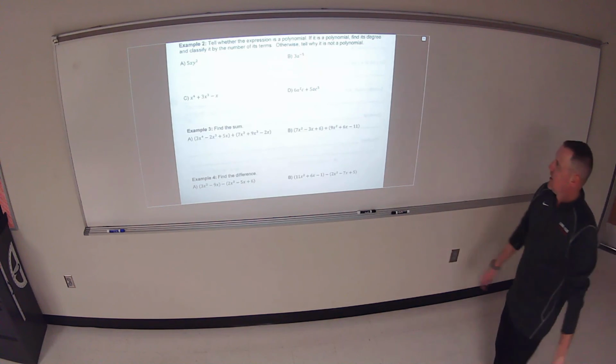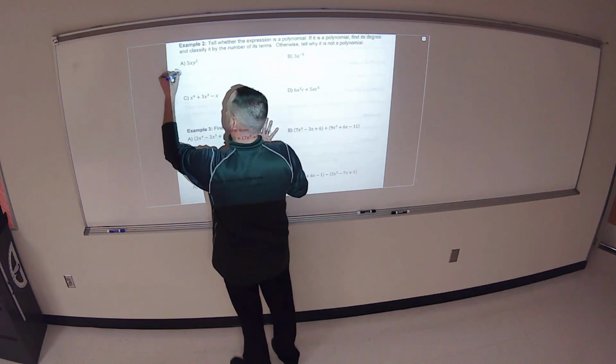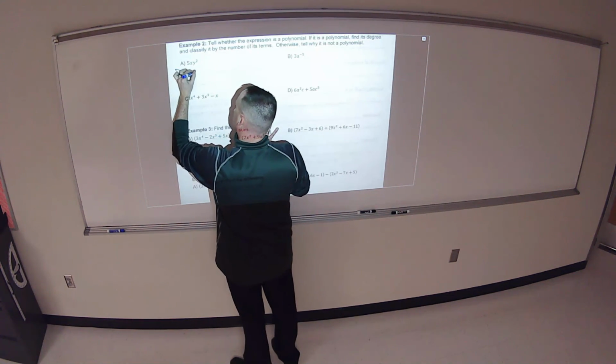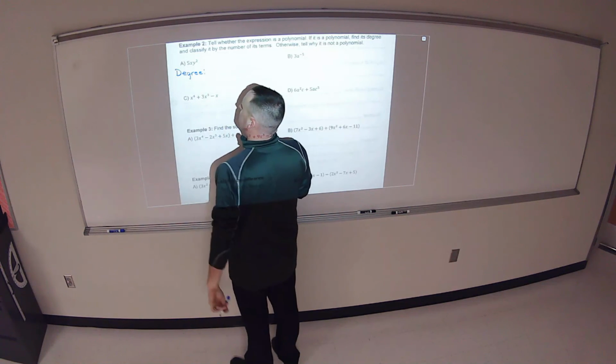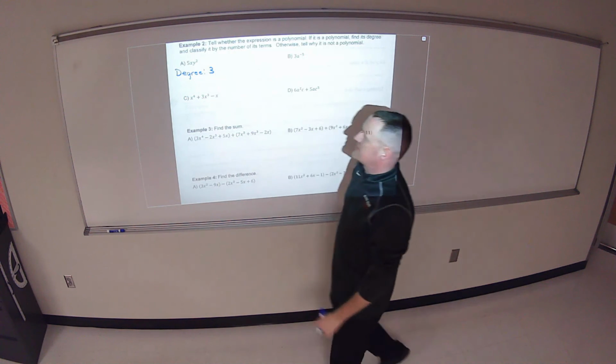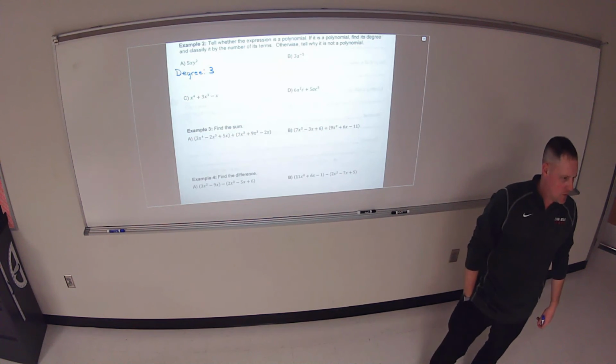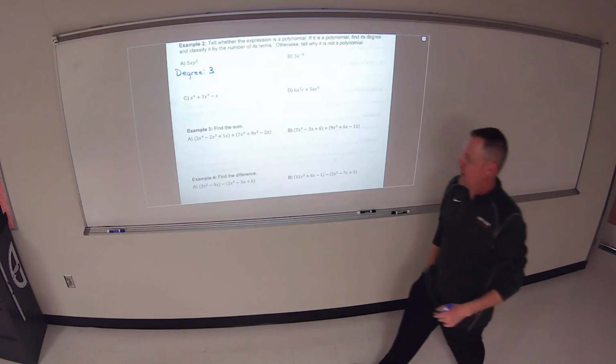Is this a polynomial? Yes. Alright, if it is, we have to find the degree. What is the degree of this polynomial? 3. Now you also need to classify it by the number of terms. How many terms are in this problem? Only 1, so what do we call it?